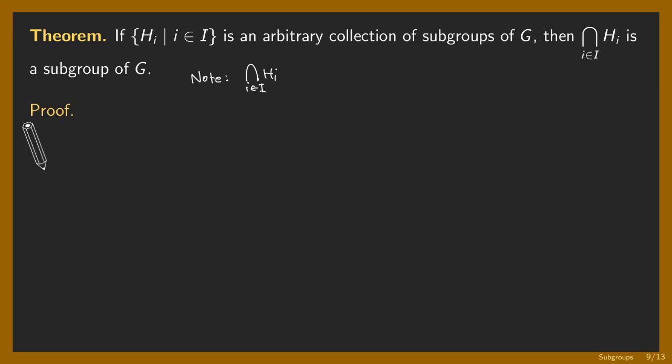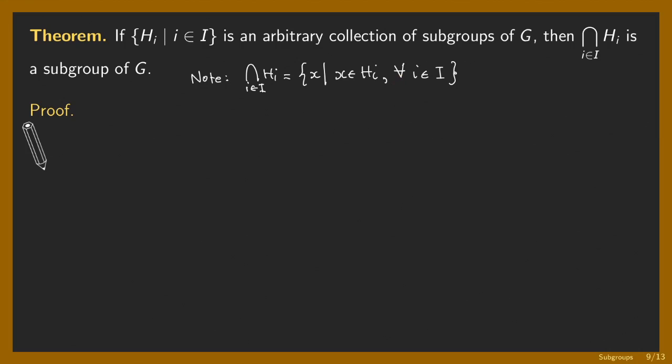It doesn't matter how many. The intersection consists of all X such that X is in H_i for all i. That's the difference from a union, where it would be for some i instead of for all.